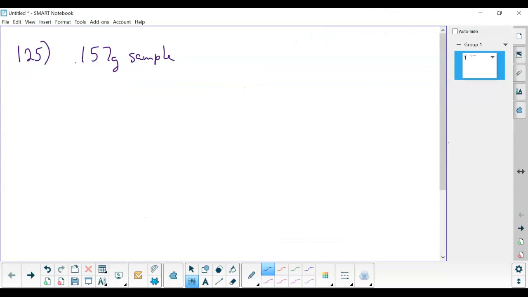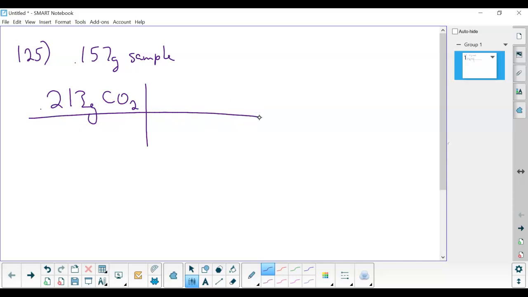So when you're doing problem 125, notice you have a 0.157 gram sample, and you produce 2.13 grams of carbon dioxide. Now, that carbon in that carbon dioxide comes from the sample.